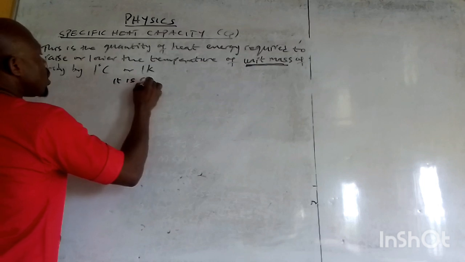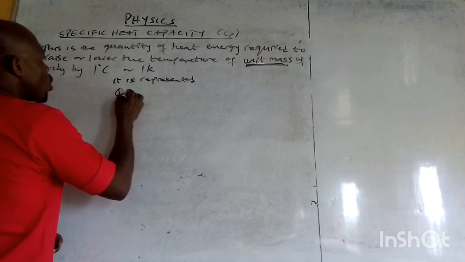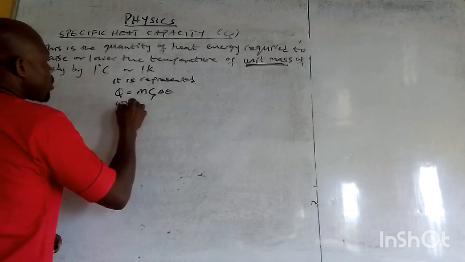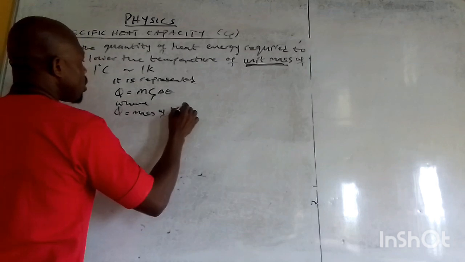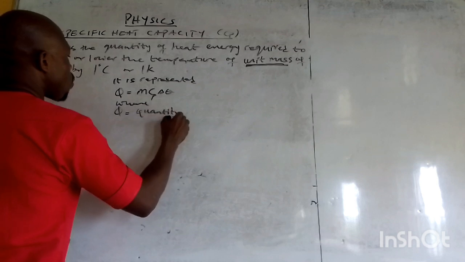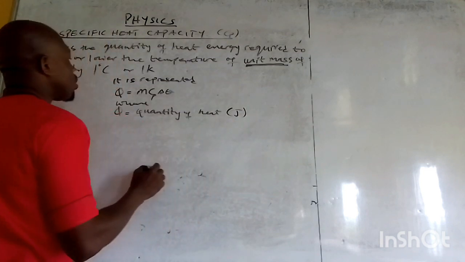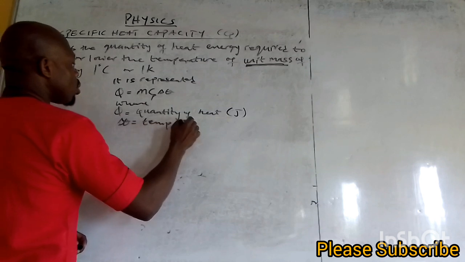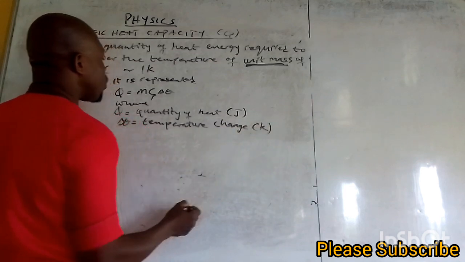It is represented mathematically by the equation Q is equal to mc delta theta, where Q is the quantity of heat energy measured in joules, delta theta is temperature change, and of course is measured in Kelvin.